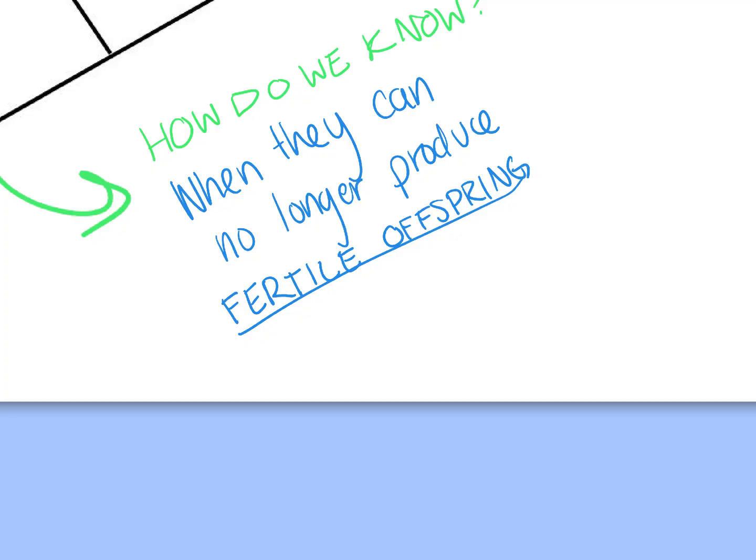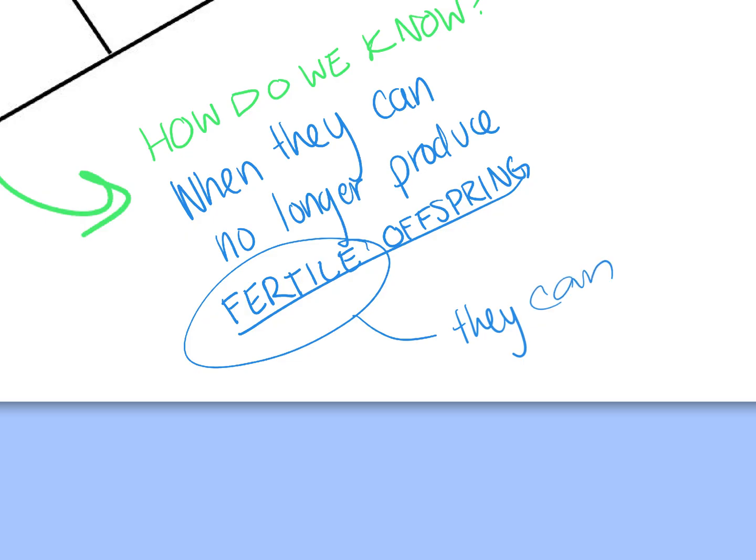If they are still able to produce offspring together and that offspring is fertile, meaning they can also have babies, then they're still the same species. If they can have offspring, but the offspring is infertile, meaning that offspring can't have its own babies, then those are separate species.